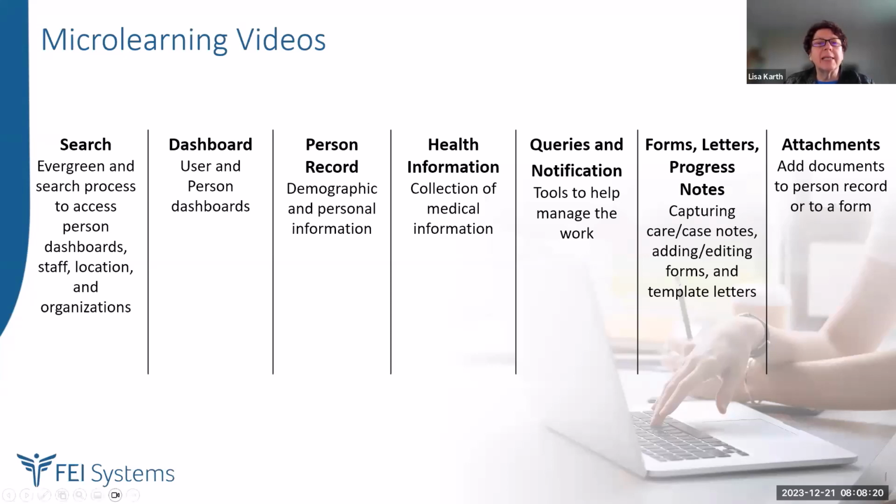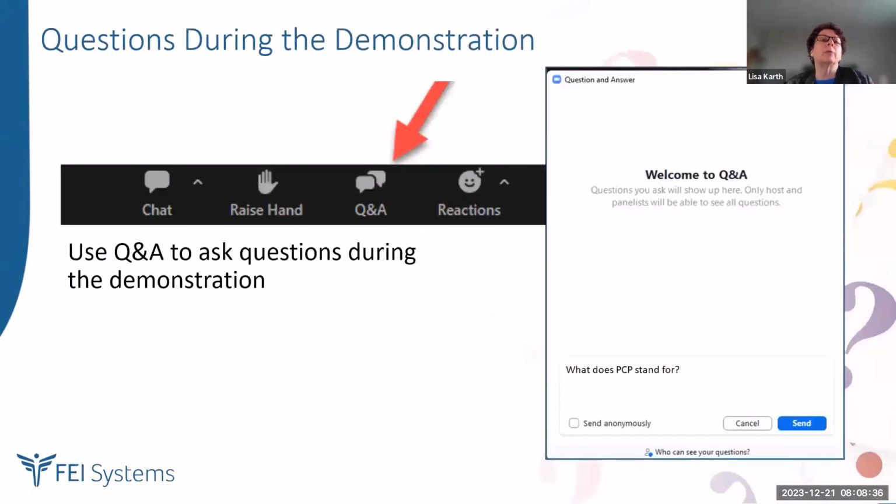Lastly, there is the attachments microlearning. And this talks about adding documents to either the person record or to a form. So if you haven't had an opportunity, please check those out. Or even if you had and would like to review them.